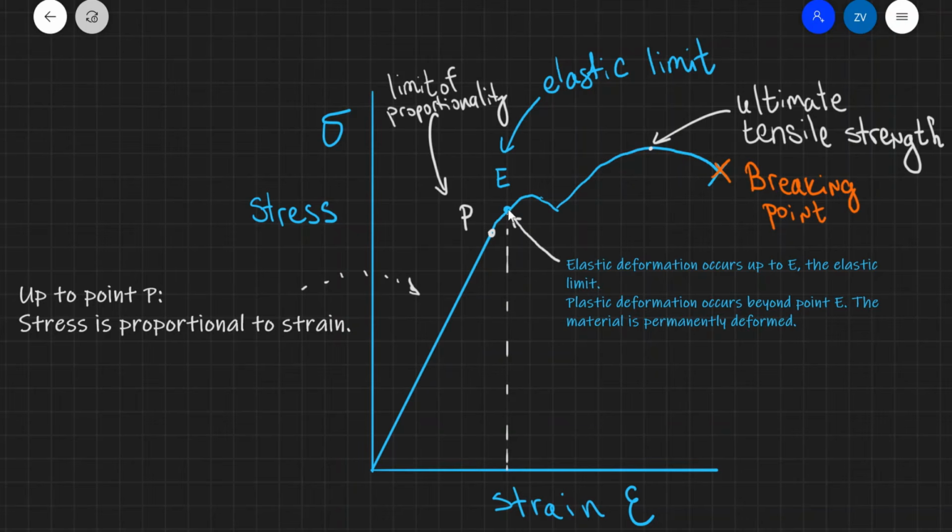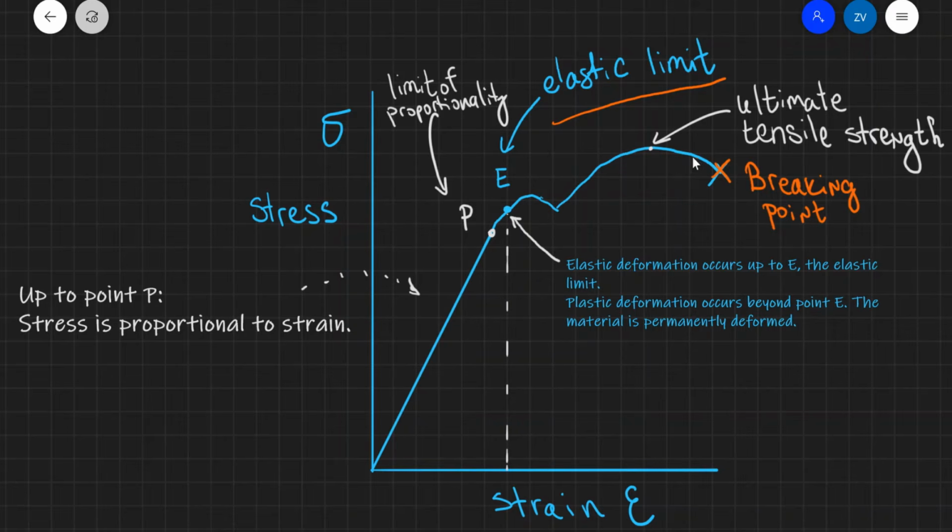At point E, permanent deformation occurs. So that means that up to point E, which is known as the elastic limit, the material will experience elastic deformation. If you go beyond point E, plastic deformation occurs. So that means the material is permanently deformed when the force is removed.